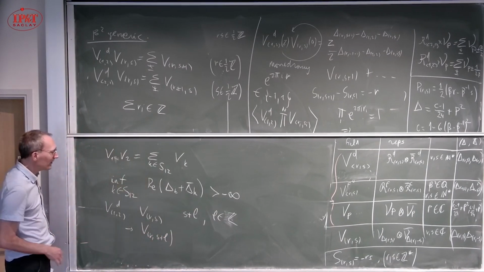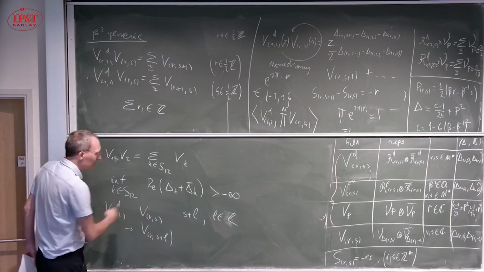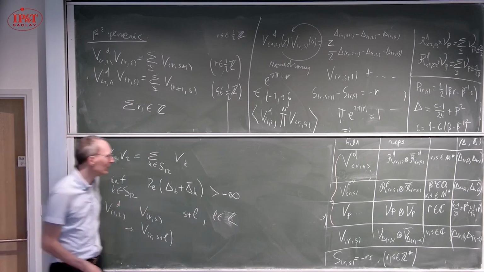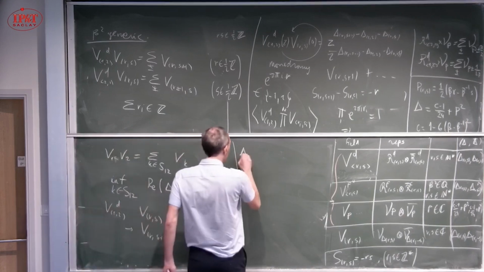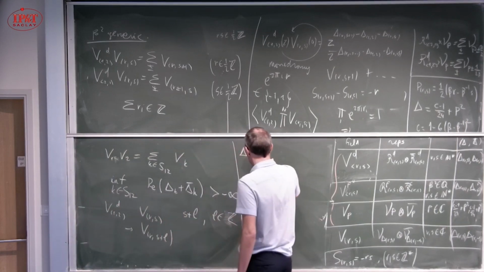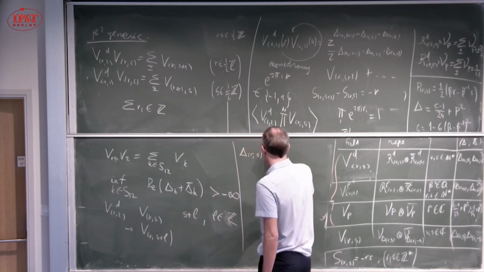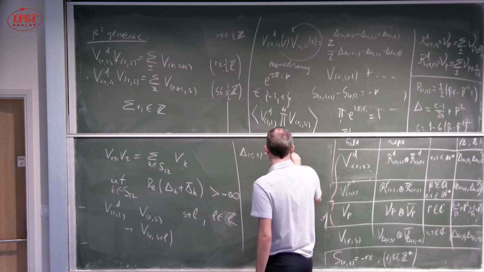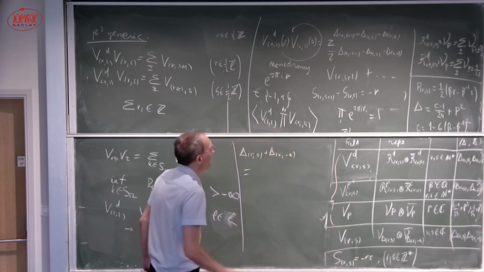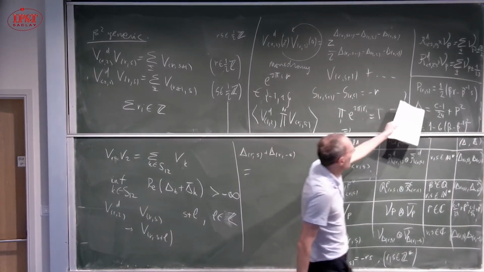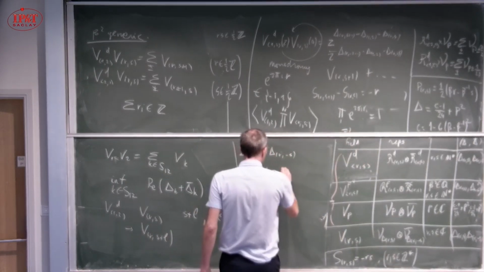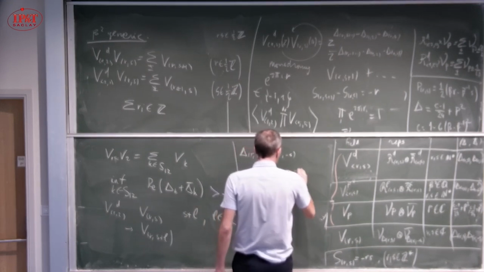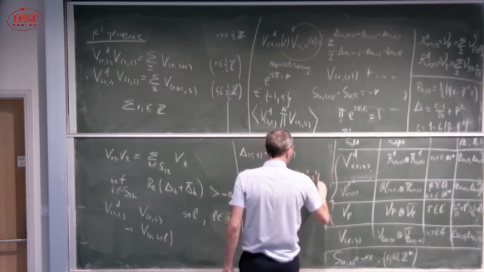In this infinite sequence, I want the total conformal dimension to be bounded from below. And well, I have to compute it. So the conformal dimension of a non-diagonal field is delta RS plus delta R minus S. And from these formulas, you can compute it. So (c minus 1)/12 plus 1/2 (R squared beta squared plus S squared beta to the minus 2).